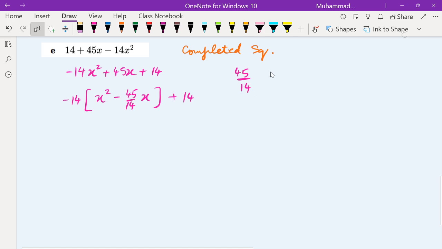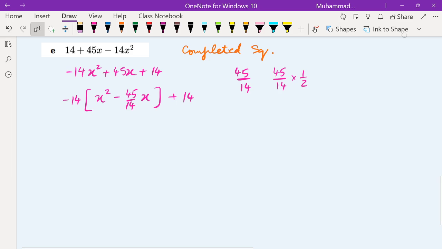So how will you take the half of it now? No, not to multiply it with 2. Multiply it with half. That's how you take the half.